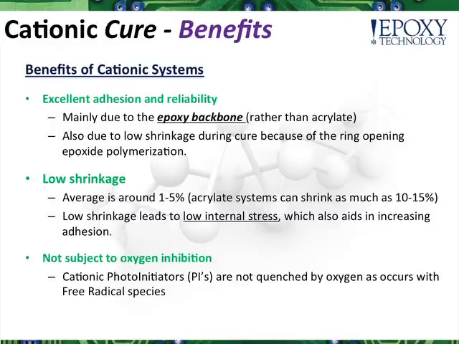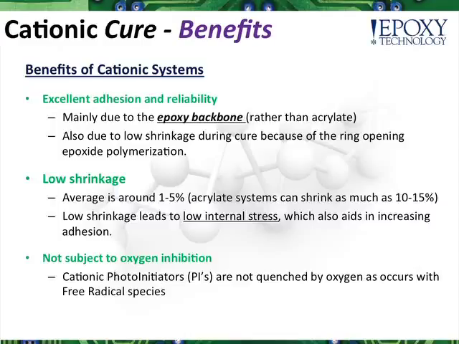With acrylate systems, average shrinkage tends to be about 10 to 15%. In most epoxies, that's going to be about 1 to 5%. Much lower shrinkage leads to much lower internal stress. That's going to actually increase your adhesion, decrease shrinkage, increase alignment, all great things.